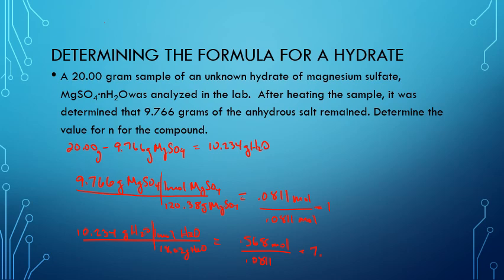So I know that my value for n will equal 7. The formula for my hydrate is MgSO4·7H2O. We would call this magnesium sulfate heptahydrate, with the hepta meaning 7.